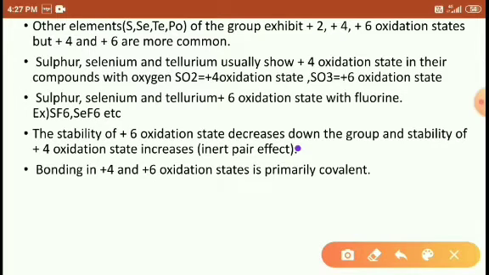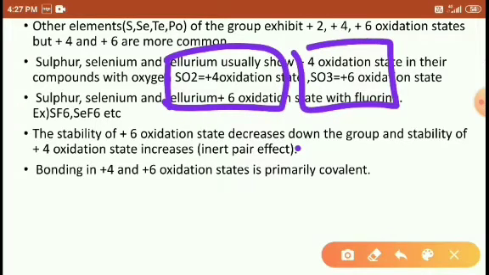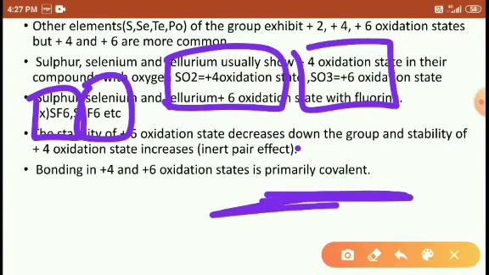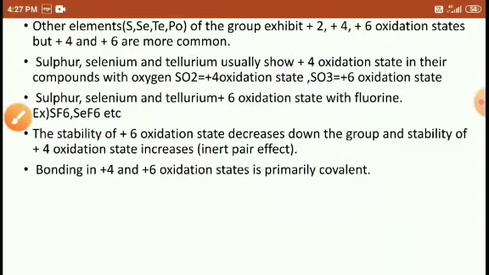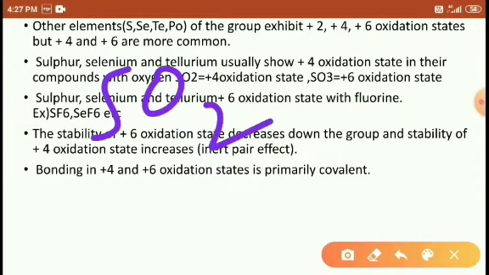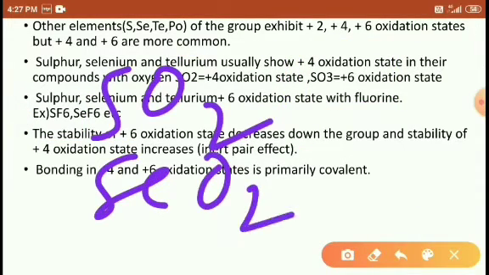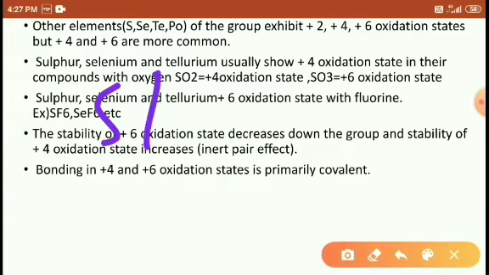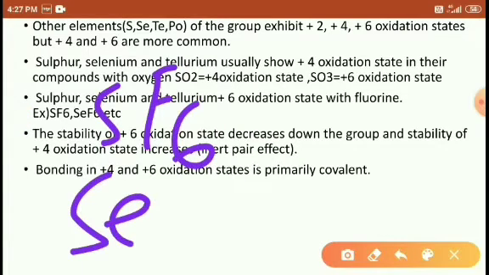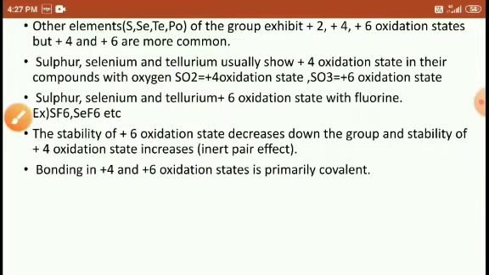Whatever the bonding form here, SO2 in +4 oxidation state, SO3 in +6 oxidation state, and SF6, SeF6, these all form covalent bonds. It means sulfur with oxygen, covalent bond; selenium with oxygen, covalent bond; sulfur with fluorine, covalent bond; selenium with fluorine, covalent bonds are formed here. Right, students?